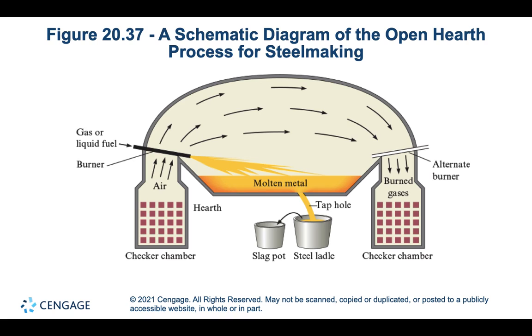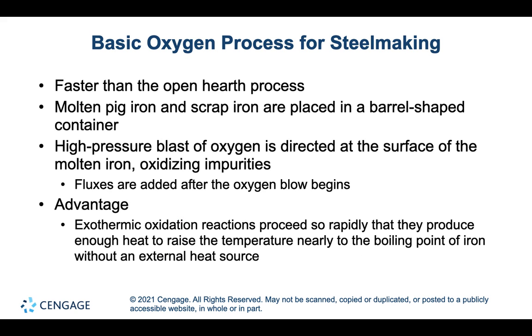There's an open hearth method of heating up the iron to create the molten metal. There are different names we give to the different kinds of iron: the molten pig iron, the scrap iron, and then a high pressure blast of oxygen is directed at the molten iron in order to oxidize and burn out any impurities.